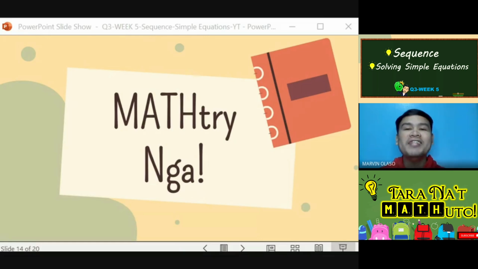Just type your complete name, the name and location of your school, and your answer para ma-recognize kita. Again, there are only 5 items to answer. You can pause the question if you want to read and understand it over and over again. Are you ready? Let's do math try nga!